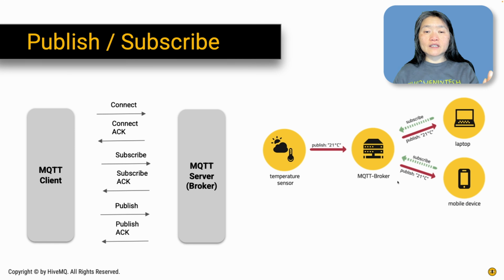Much like the speedometer, I'm using a temperature sensor. I publish the data whenever there's a temperature change. I publish the data to the broker, and then the subscribing clients who are interested in the data will subscribe to the topic, and they will receive any data that's sent to the broker, unless you set some sort of parameters.